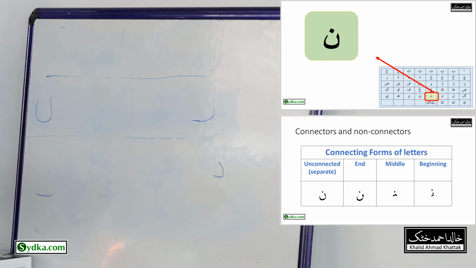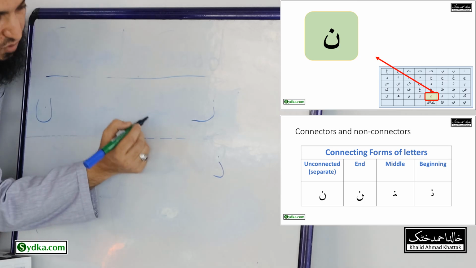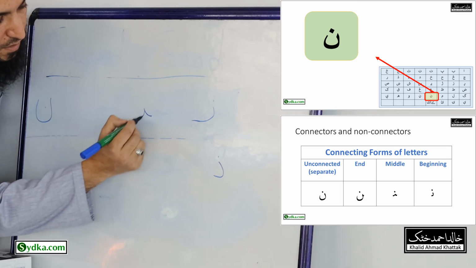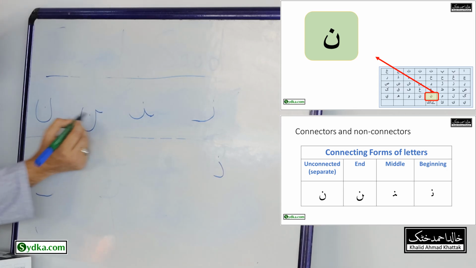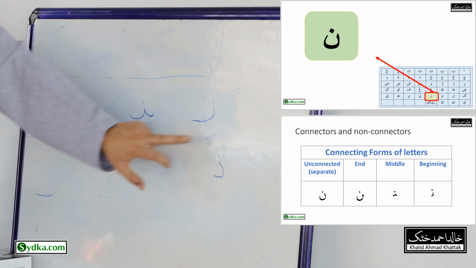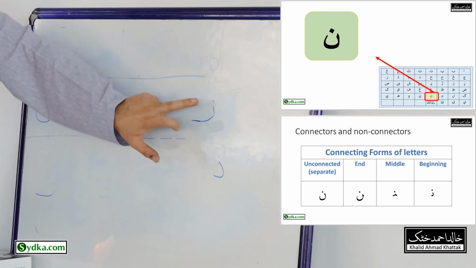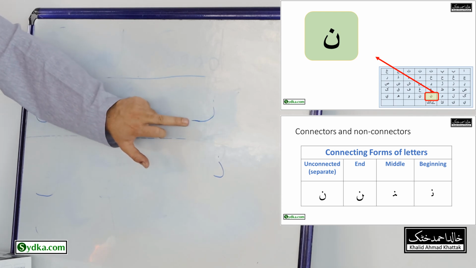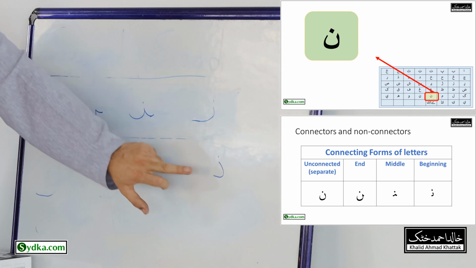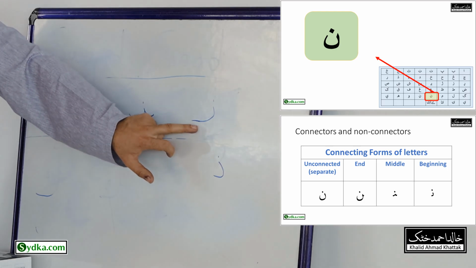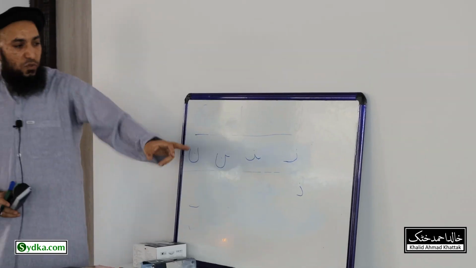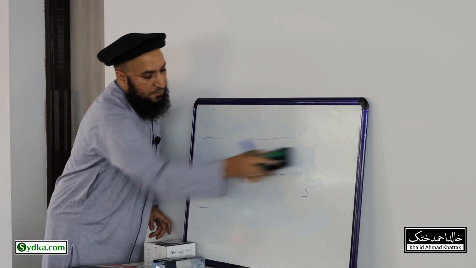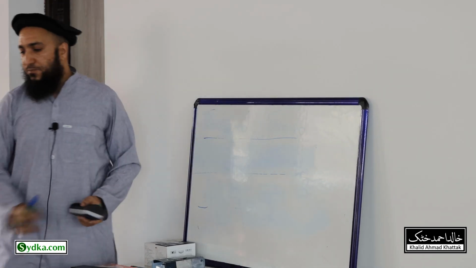Or in the middle, noon, and at the end, noon. This is important because I've seen a lot of people making that mistake. This one can be connected with another letter afterwards, and with zal you can't. With noon you can. So these small things you should remember.